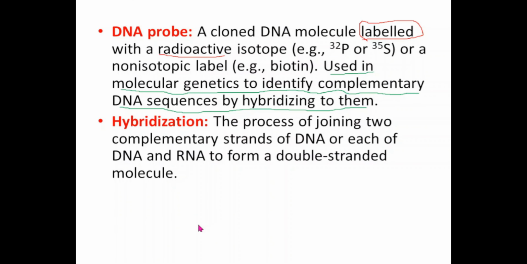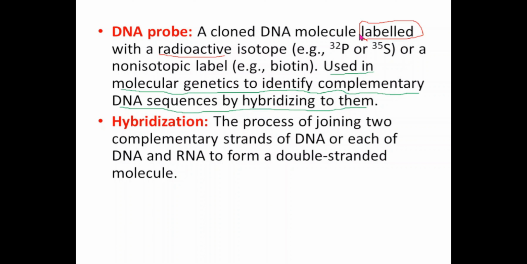DNA probe. This is a cloned DNA molecule labeled with a radioactive isotope such as phosphorus isotope or sulfur isotope, or non-isotopic label, that is biotin, which is used in molecular genetics to identify complementary DNA sequences by hybridizing to them.